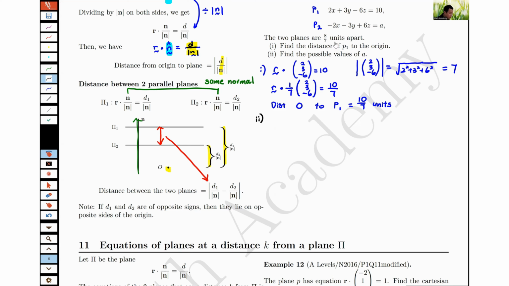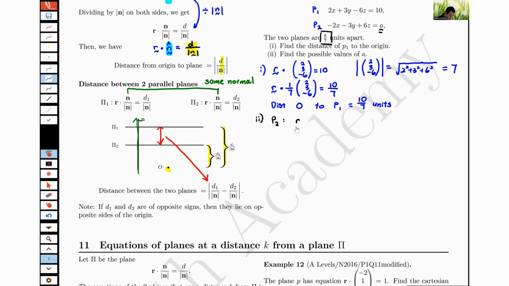We go for part 2 on the right side. In part 2, you are asked to find the value a, which is this unknown on plane 2. The information that we have is the distance between two planes, 8 over 7. So I want to use this formula. To start, let's start with P2.